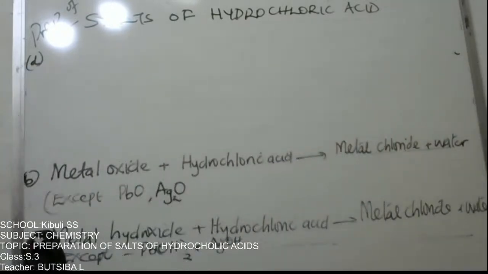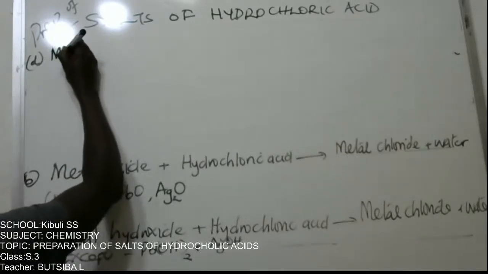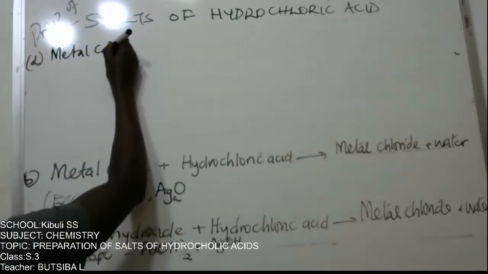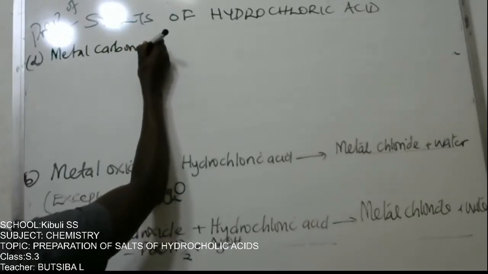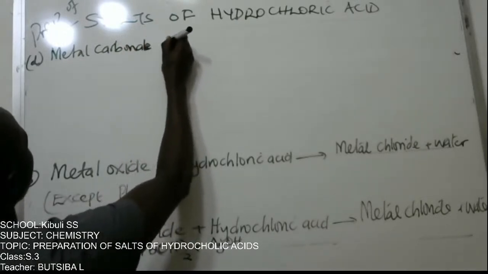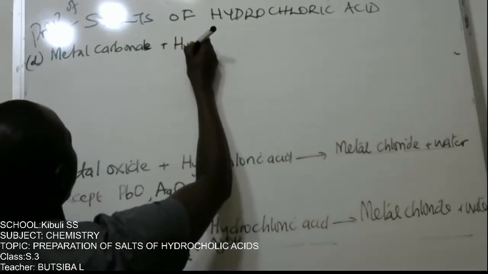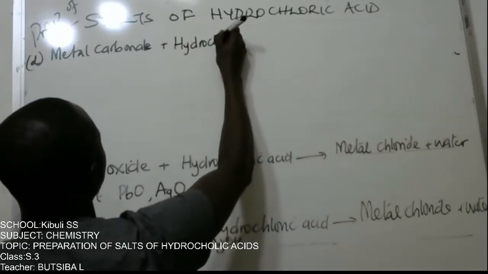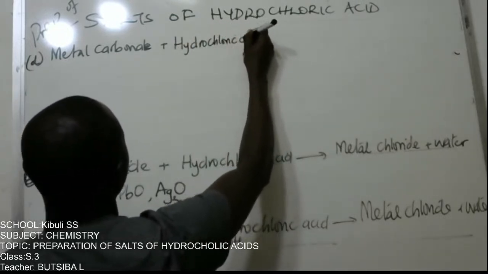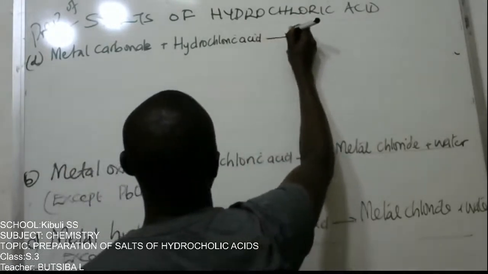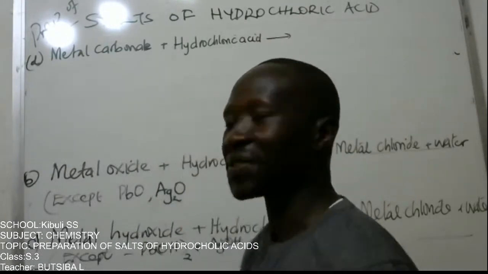So what is number D? Number D is metal carbonate. Metal carbonate plus hydrochloric acid. What do we obtain? Three things.